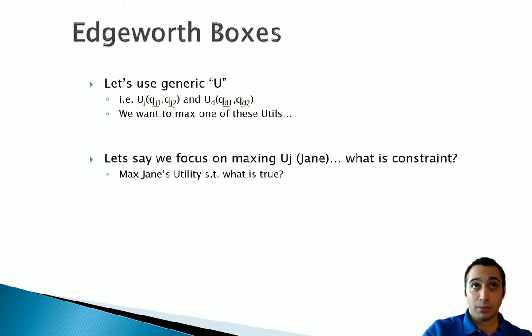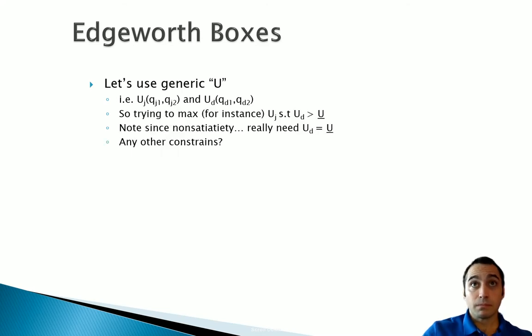Well, to me it seems like we want to do max U of J such that U of D is at least some number. Let's just call it U bar, some fixed level of utility. So we want to max Uj such that UD is better than or equal to U bar. You'll note that since there's non-satiety, we can just reach U bar, right?